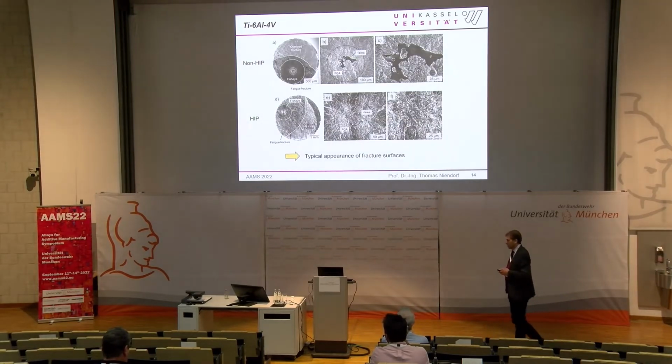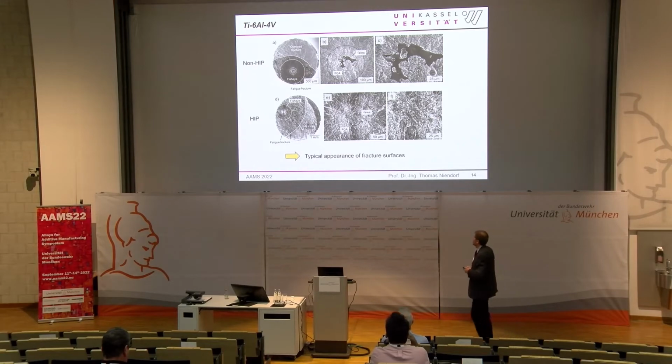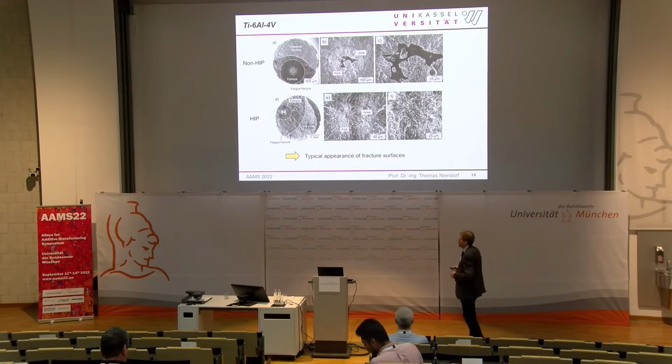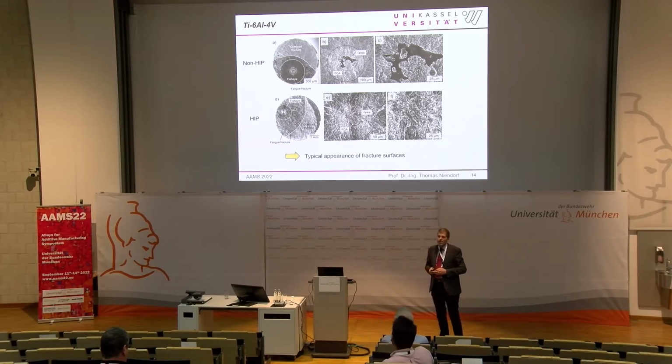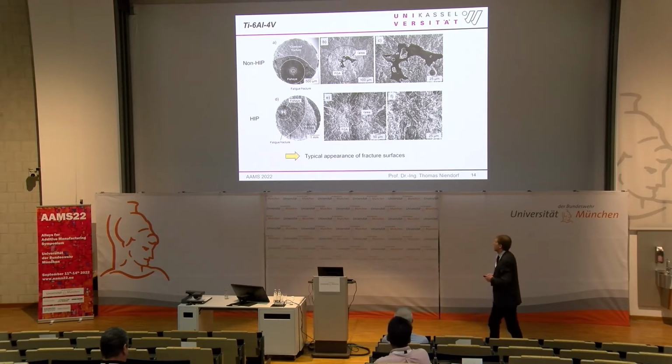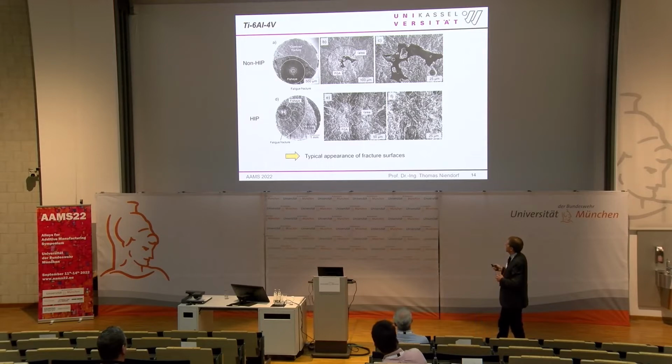So we compared different Ti-6-4 alloys processed by electron beam powder bed melting and by the SLM process. The SLM material always was stress relieved, and we added the well-known hot isostatic pressing to get rid of the pores. Not really get rid, but to decrease them in size to a minimum level so that they're not detrimental anymore.